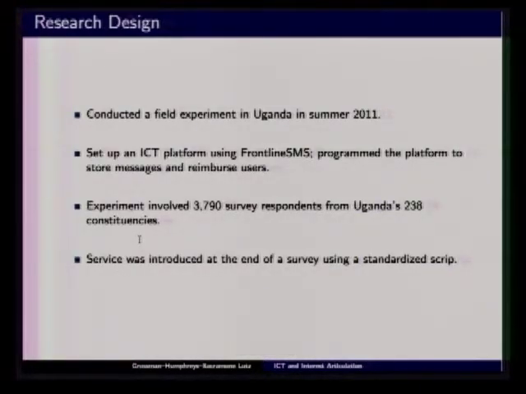The service was introduced to these survey respondents at the end of the survey, after we elicited a lot of information about the demographic and political level of political participation. And we introduced it using a standardized script.